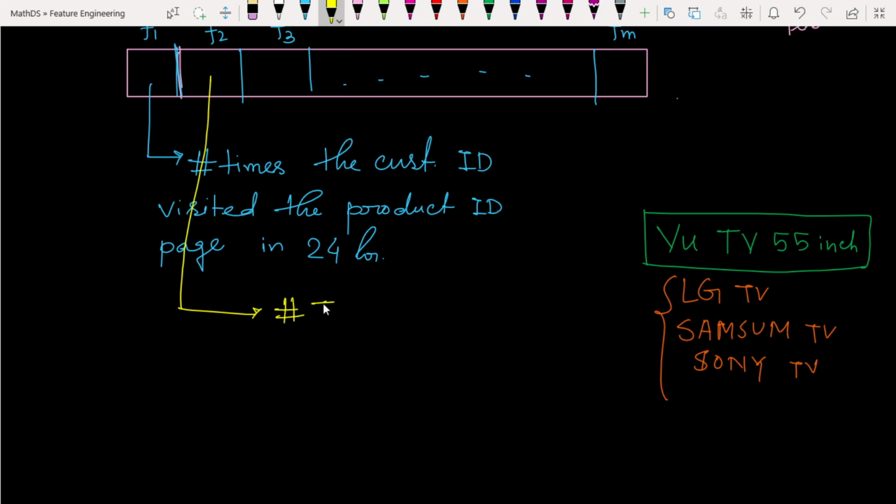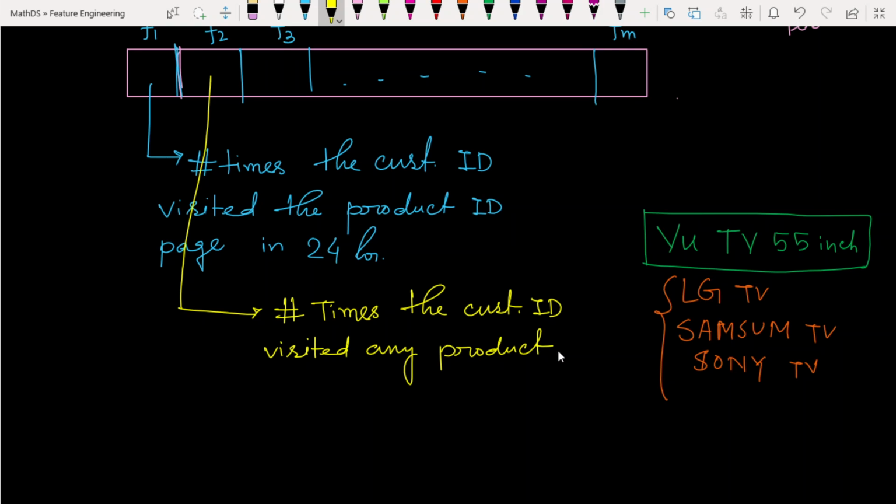So the number of times the customer ID visited any product, any product type, the same type of product we are talking about.